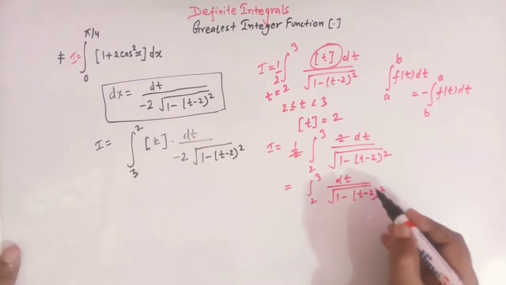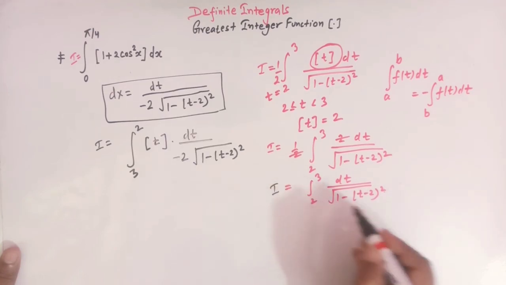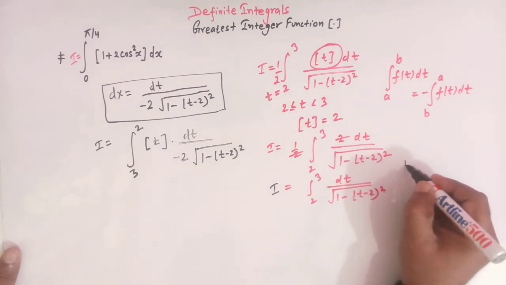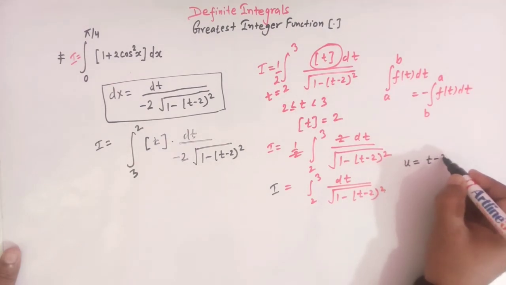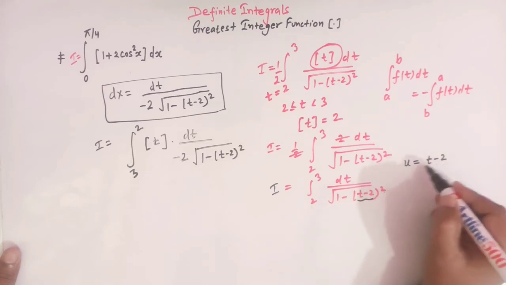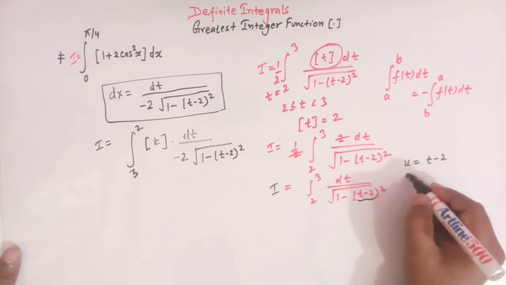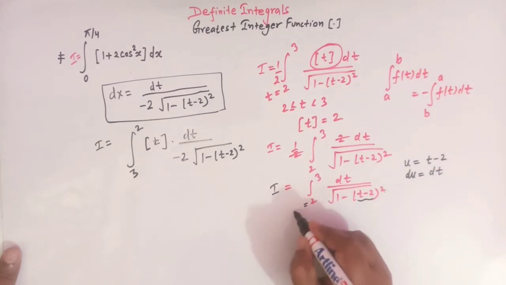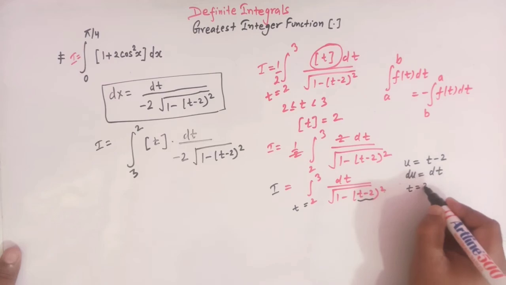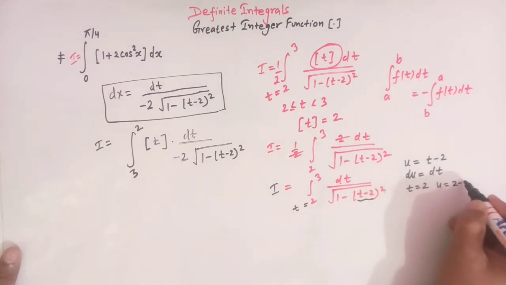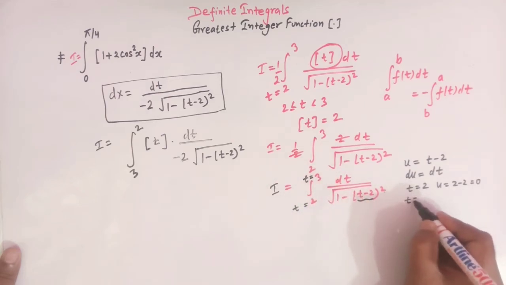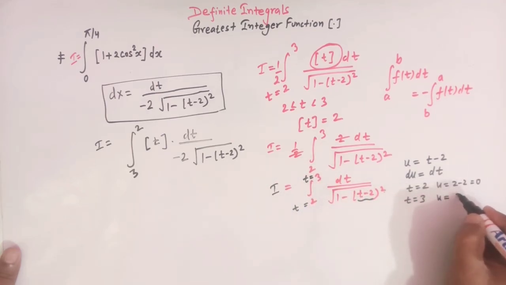So now in order to solve this integral, we can again make use of the method of substitution, right? So what we can do is write u is equal to t minus 2, right? So t minus 2 can be taken as u, so du is obviously equal to dt, and when t is 2, then u is 2 minus 2, that is 0, and when t is 3, then obviously u is 3 minus 2, that is 1, right?